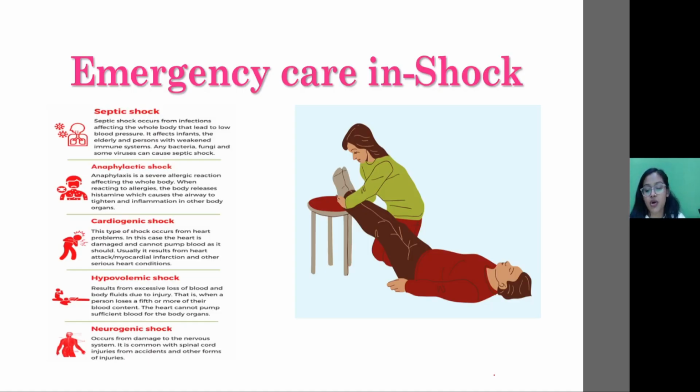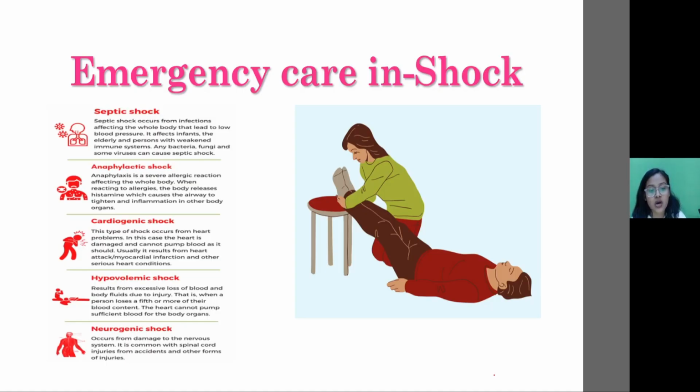So what happens, your body releases histamine and it blocks your airway by causing inflammation in your airway. Why? Because the body thinks that more bacteria will be inhaled if it does not tighten your airway, right? So what will happen? Your brain will not receive any oxygen and you will go into a state of shock.